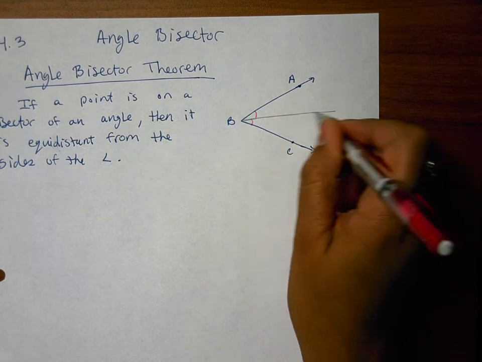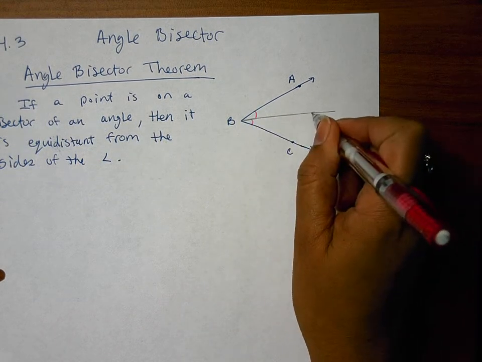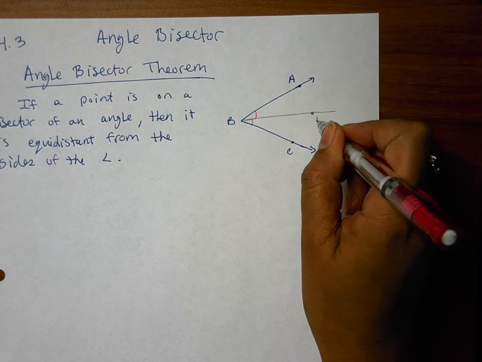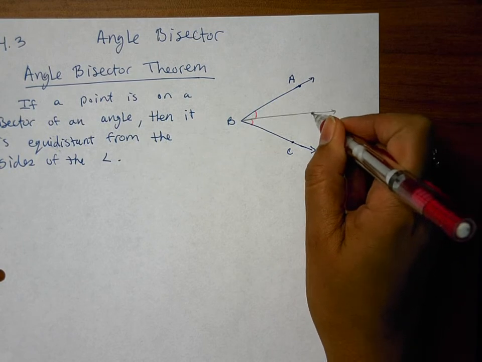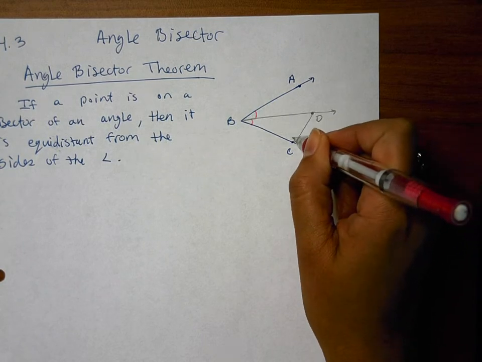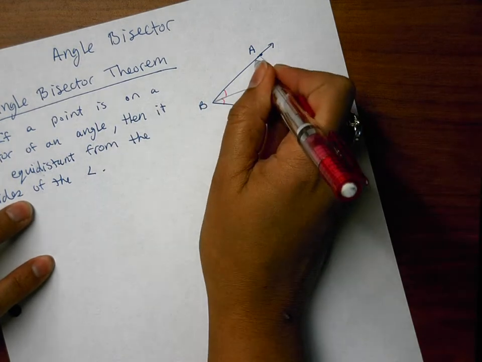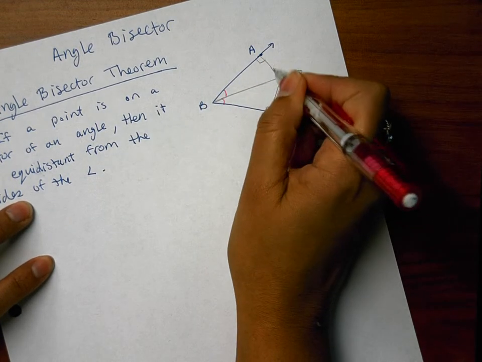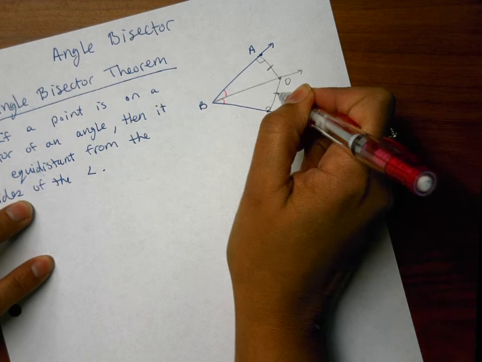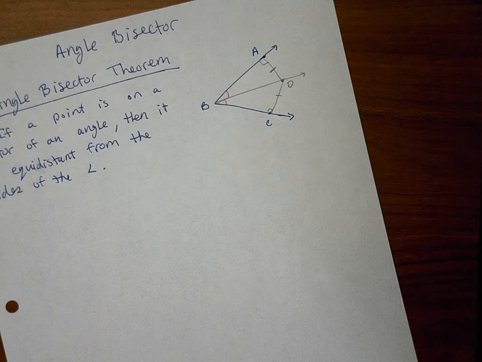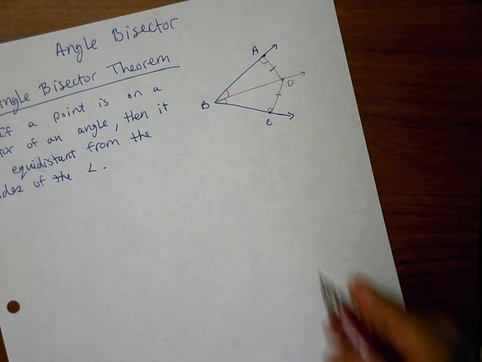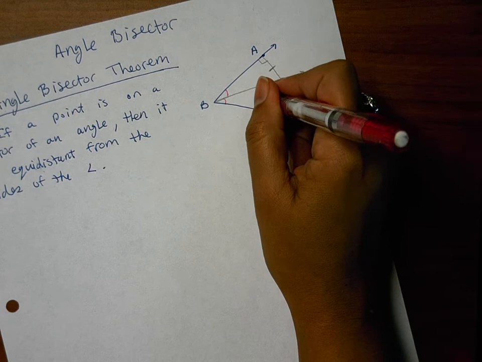All right, so any point on this, if I pick a point there and call it point D, it is equidistant to point C as it is to point A. These two segments here will always be congruent. And that is true for any point. I could have put the point here and connected.